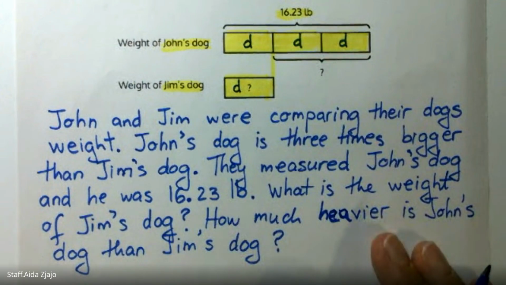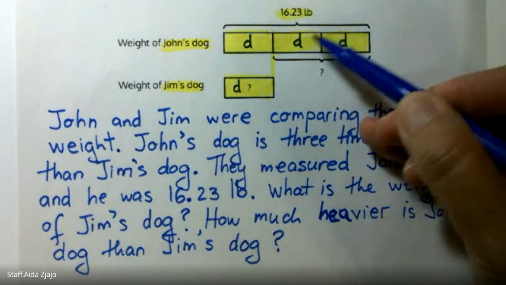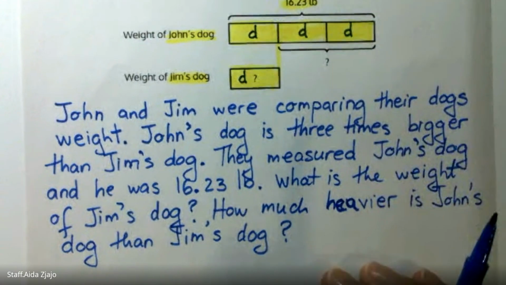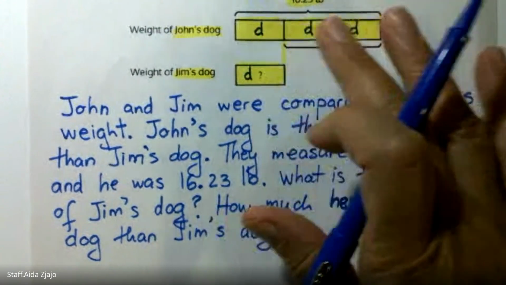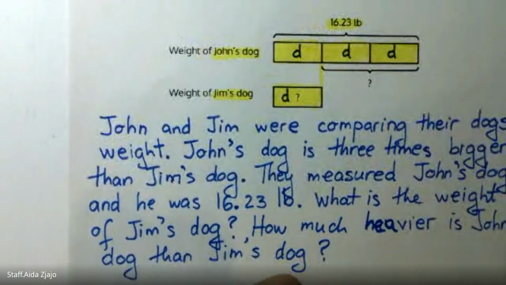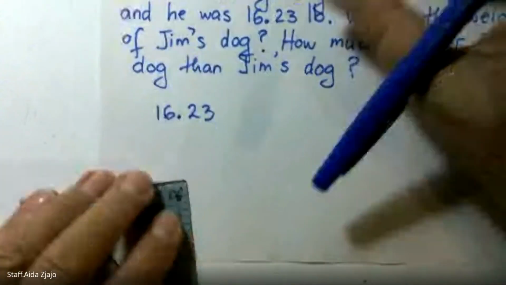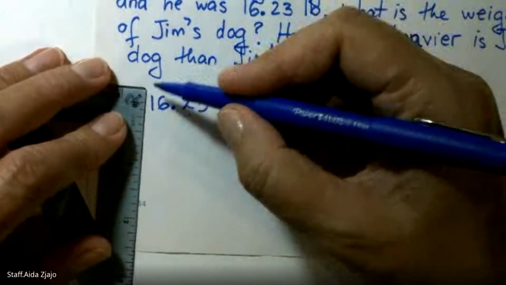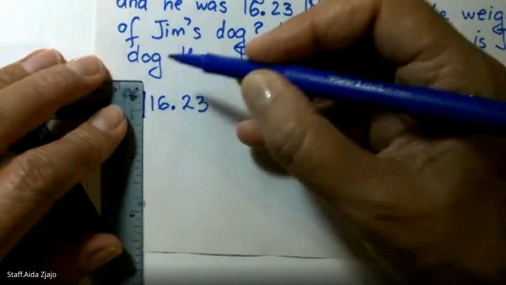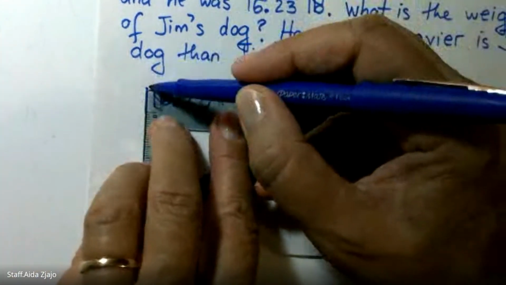So the first operation was 16.23 divided by 3 to find how much one unit is. I'm going to move the question up and use the standard algorithm to divide into 3 parts.